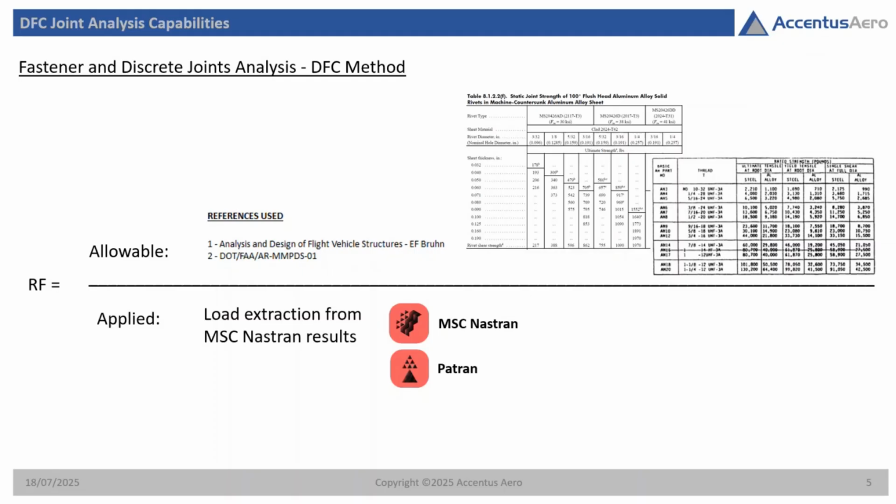So that's where we get allowables from. In terms of applied loads, we get those from load extraction from Nastran results. We solve the FEM model with Nastran, and then we extract those loads with Patran. That allows us then to calculate an RF.